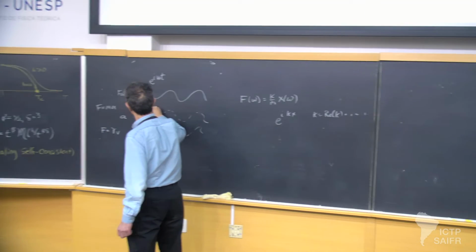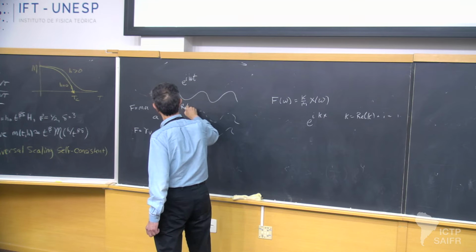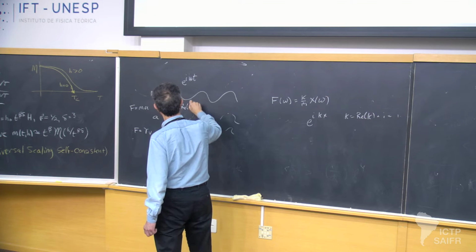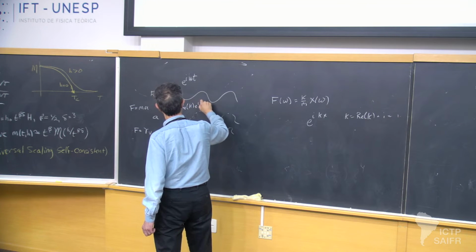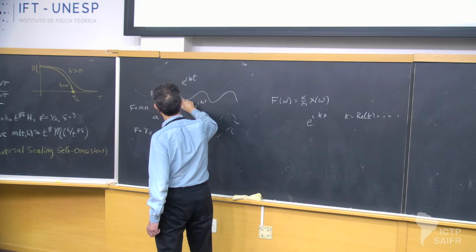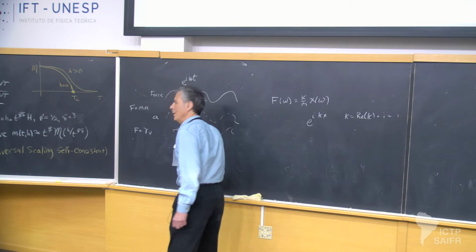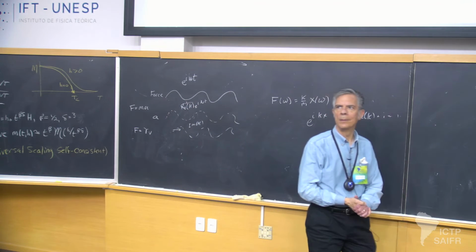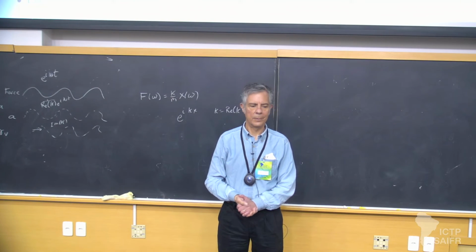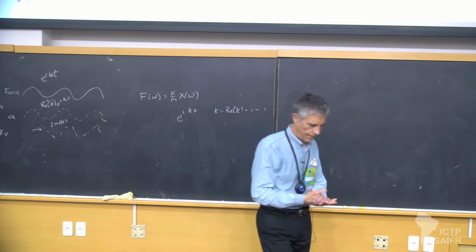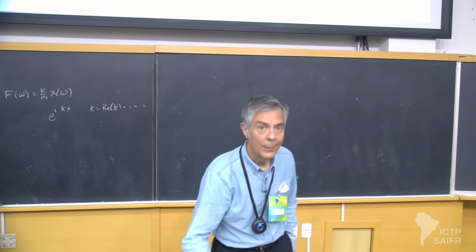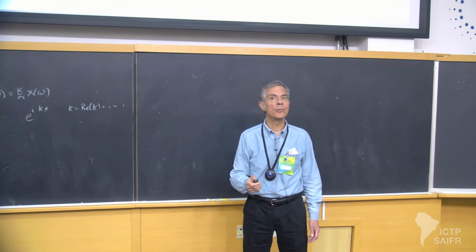This is a real part of k, e to the i omega t. We have 1 over a real part of k. And this is the imaginary part of k, gives you the out of phase response. Gives you a lag.